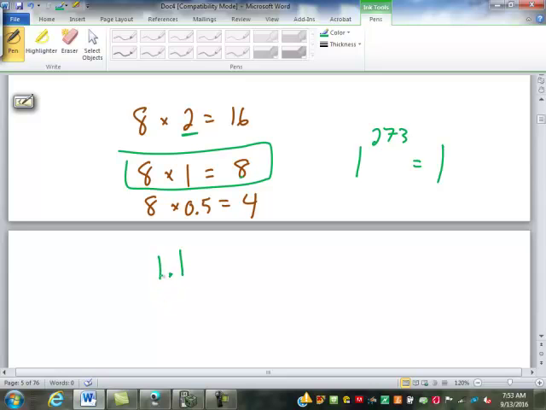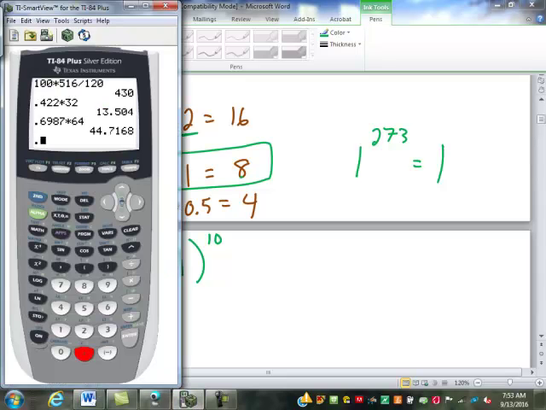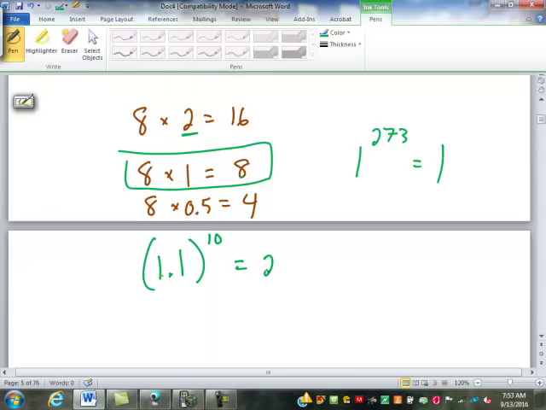So if I multiply by it, it's going to make stuff larger. If I take 1.1 to the power of 10, I get 2.59 rounded off. So even though 1.1 is barely bigger than 1, if I multiply by it over and over again, it's still going to get bigger. Cool.